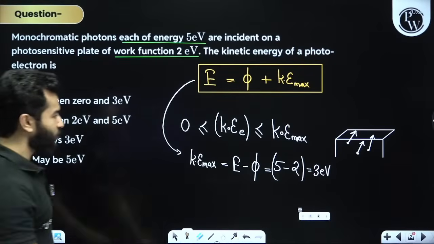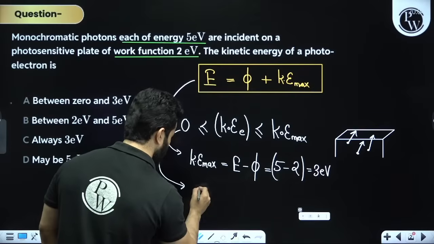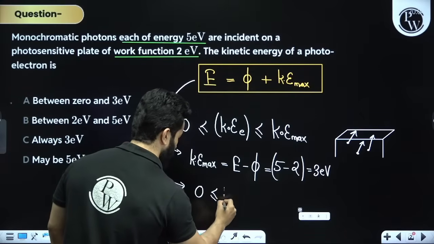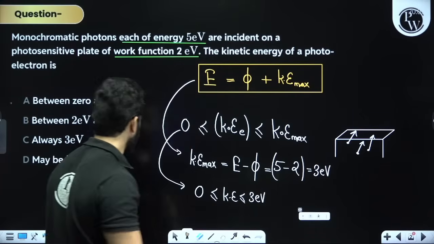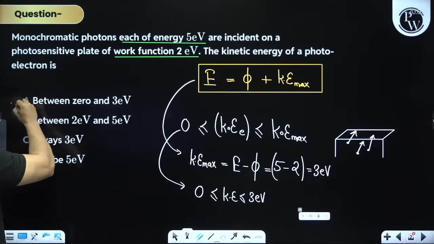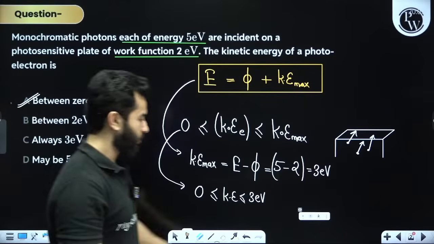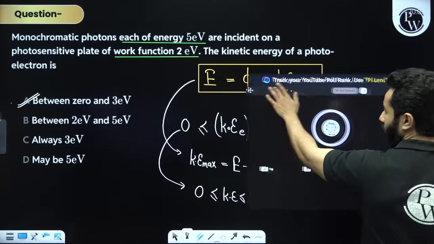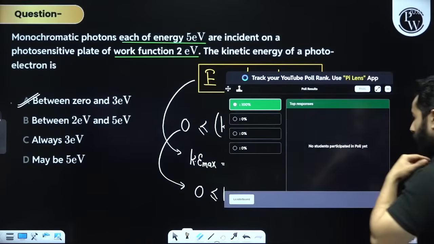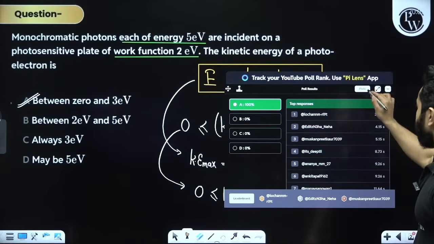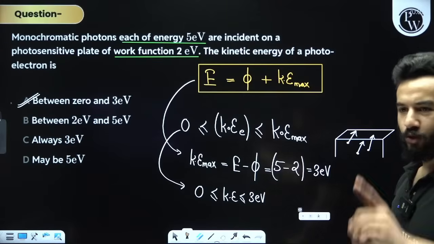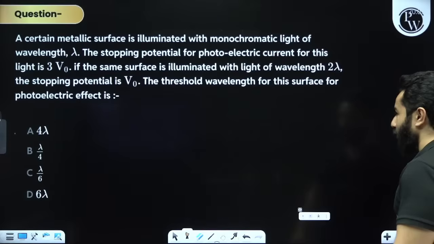So the answer is going to be from 0 to 3 electron volt, that means option A. Very good, great going, right? Clear? Moving on to the next one. Hopefully this is absolutely clear.